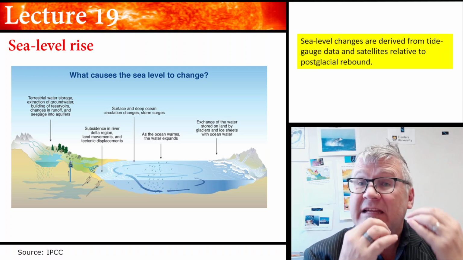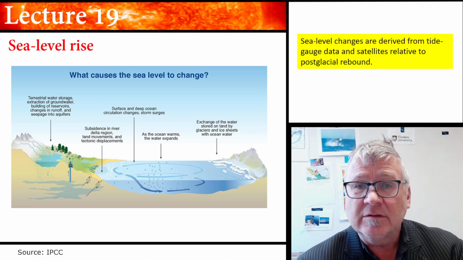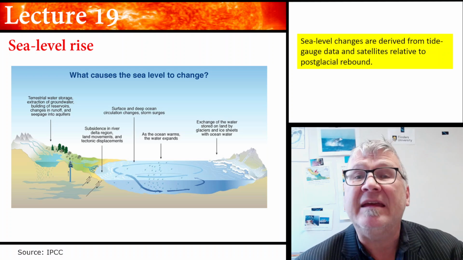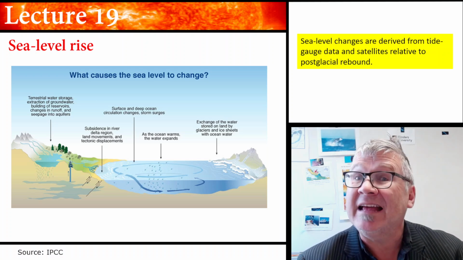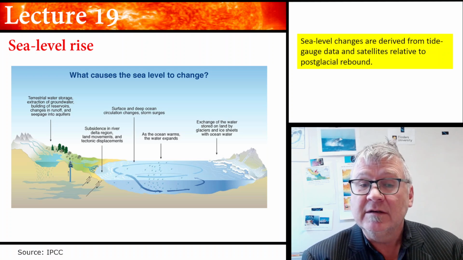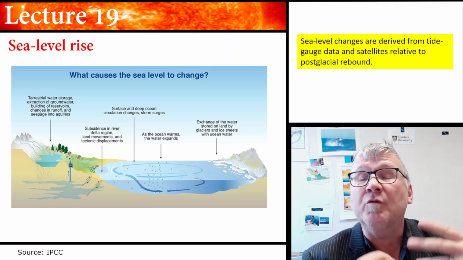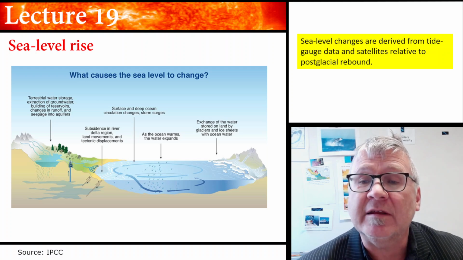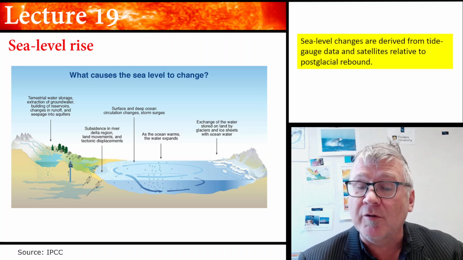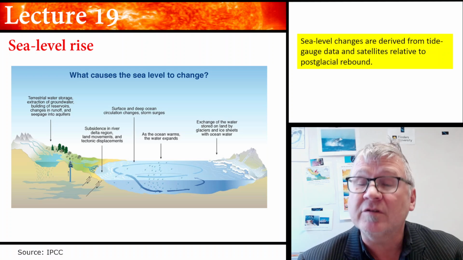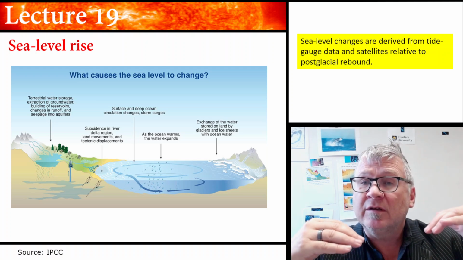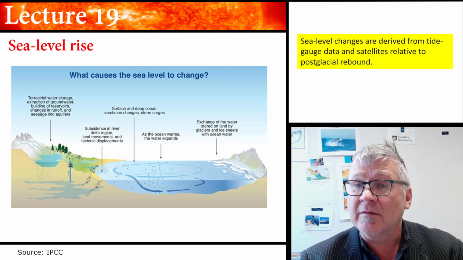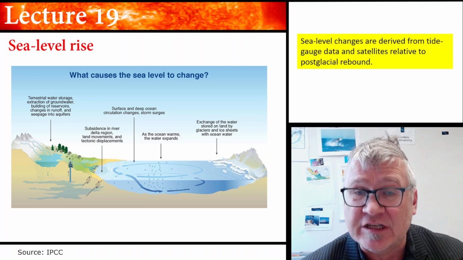So now the sea level change can be derived from tide gauge data and satellites. And you also have to account for something that we call the post-glacial rebound, because the continents on average are rising relative to the sea level, as part of an adjustment process.